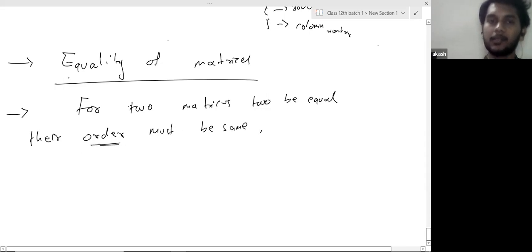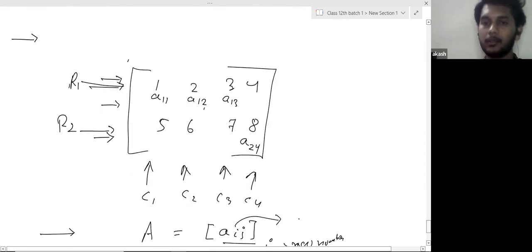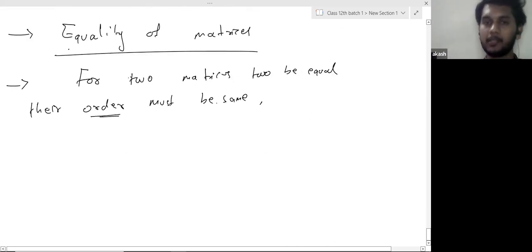Order here means, Shekhani, in this example, we had two rows and four columns. So order is 2 by 4. Two rows and four columns. This is called order. So their order must be same, and each corresponding element must be same.